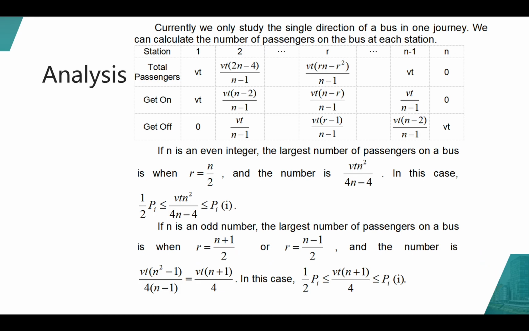Then we get a table which shows the number of passengers getting on, getting off, and total passengers on the buses at each station. When n is an even number, the number of passengers reaches maximum at the n over 2 th station, and when n is an odd number, the number of passengers reaches maximum at the n minus or plus 1 over 2 th station.